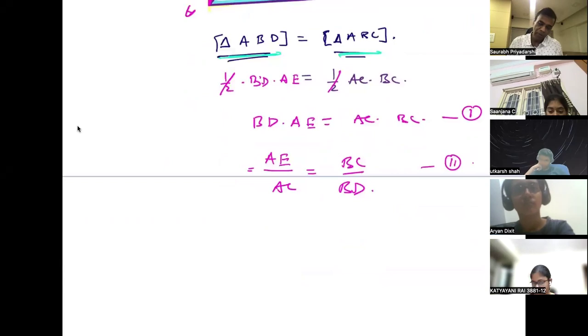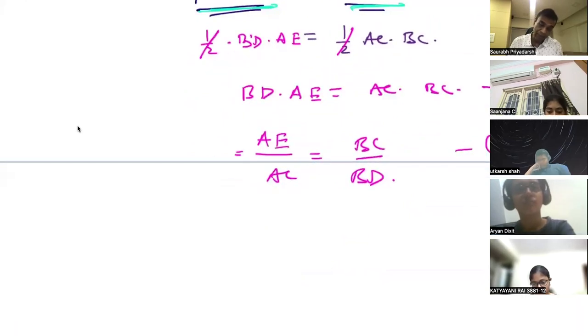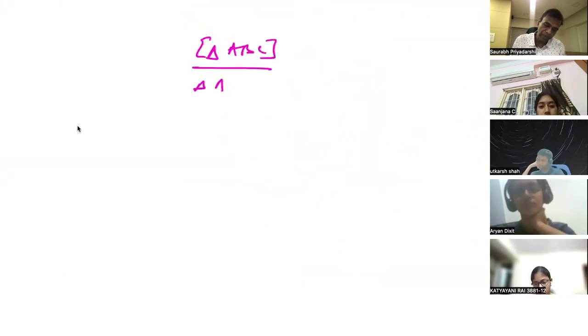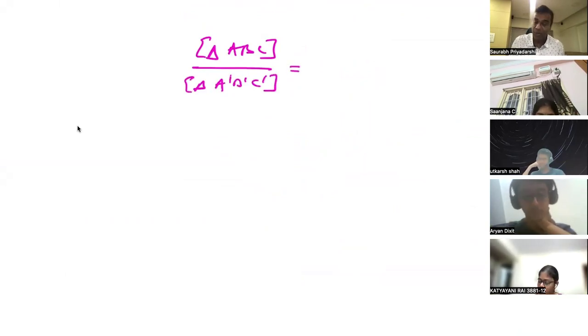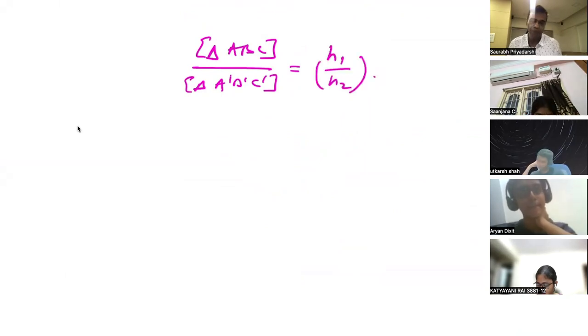Or moreover, I can say from this that the area of ABC upon the area of A dash B dash C dash, if the bases are the same, is H1 by H2, for equal bases.